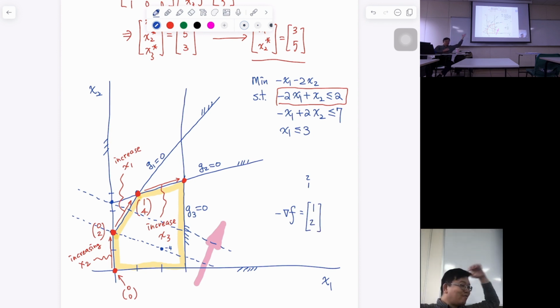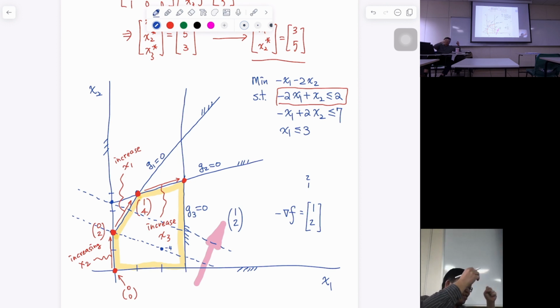Remember in Newton's method, we try to move along the negative gradient direction. This red arrow is the direction of 1 and 2. So moving toward this direction goes to the bottom, to the minimum of our objective function.